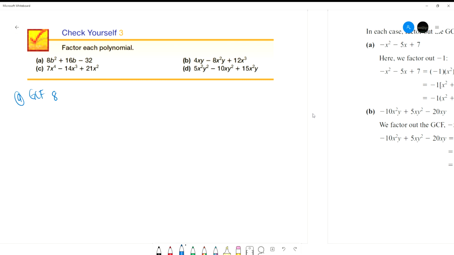There's no b in the last one, so that means it's just 8. So I can do 8b squared plus 16b minus 32, and I'll divide all of them by 8, and I have 8 times b squared plus 2b minus 4. So you'll get that. Okay, great. I'll let you finish B and C.